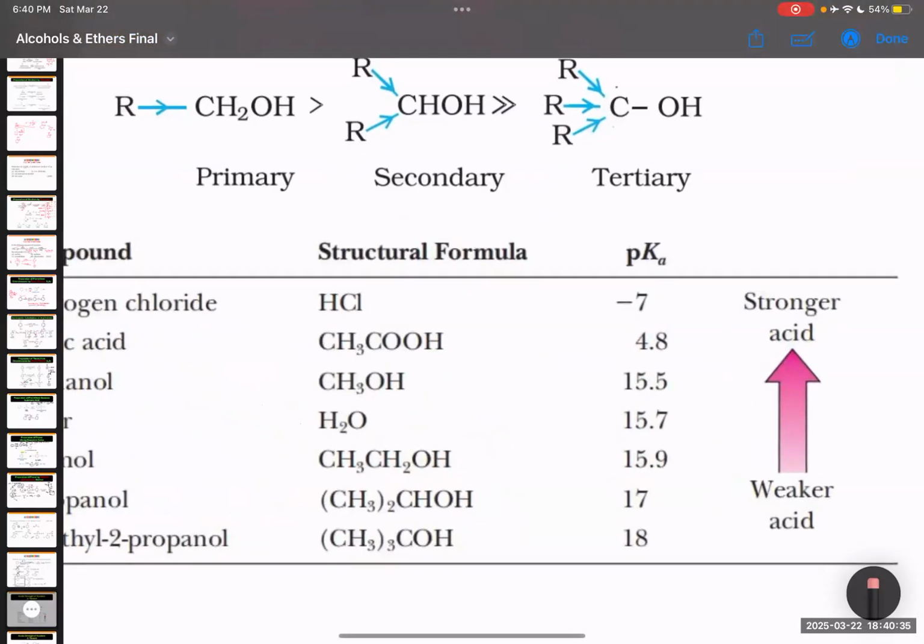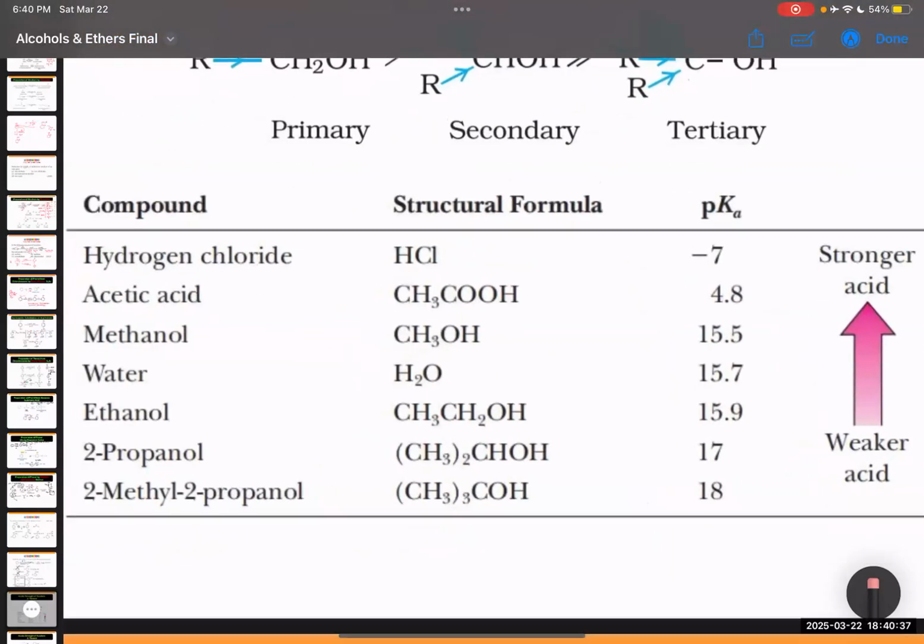And the lesser the pK, the more will be the acidic strength. So here you can see the different acids being compared. HCl, acetic acid, methanol and water: alcohol and water are very close to one another. Got it? In the range of 15.